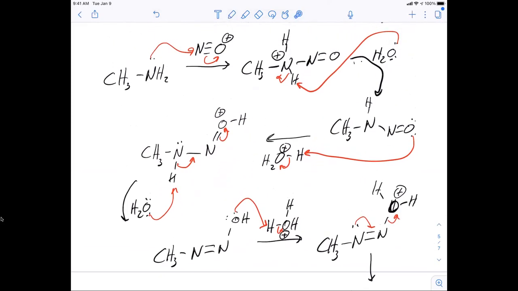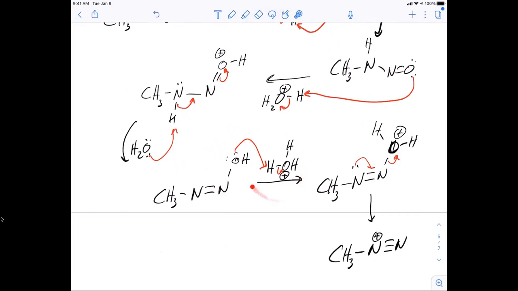Starting at the beginning, right, we get a nucleophilic attack on the electrophilic nitrogen. Then we get a proton transfer, proton transfer, proton transfer, another proton transfer, and then loss of the leaving group, which is water in this case, to get us to a final product. Okay, questions about that one?